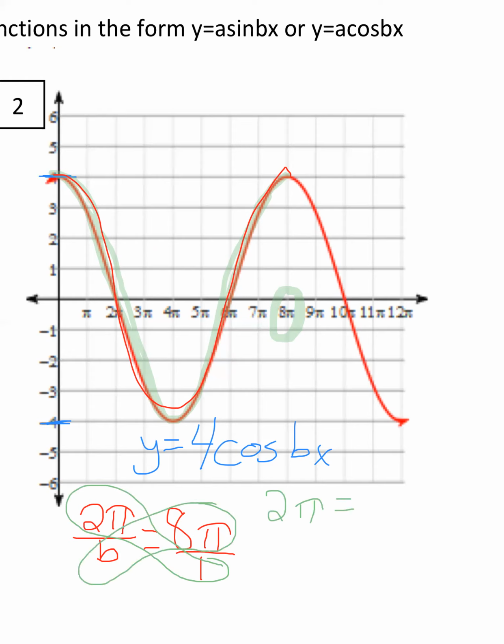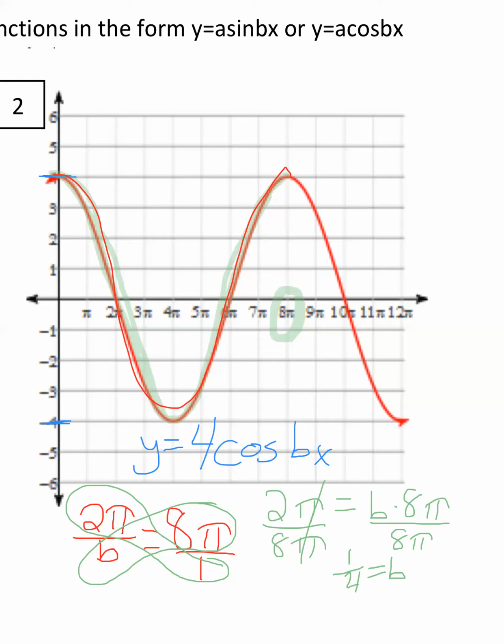B times 8 pi is b times 8 pi. And then if I want to solve for b, just divide both sides by 8 pi. So you'll see pi's cancel, and 2 divided by 8 just reduces to be 1/4. So in this case, b is going to be 1/4, which means my final answer looks like this.